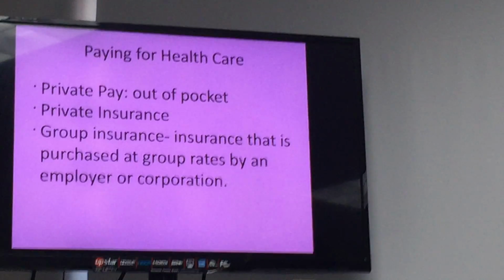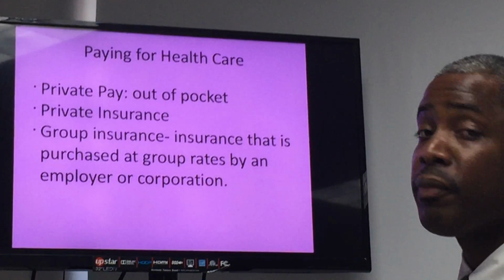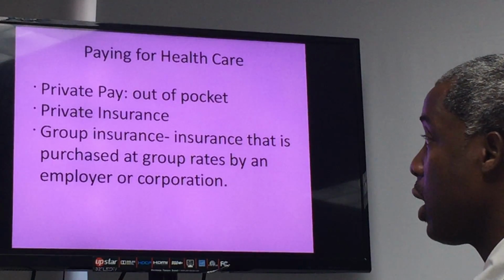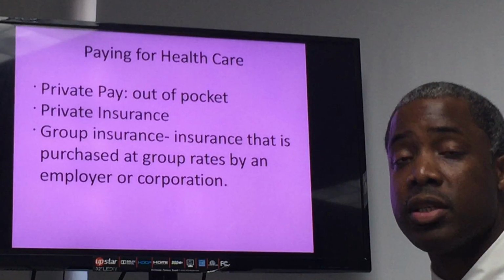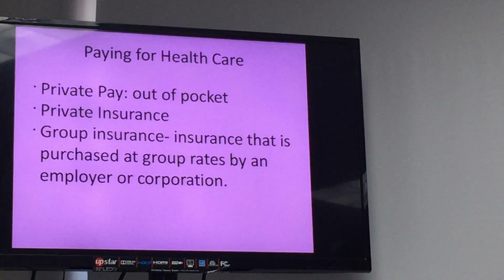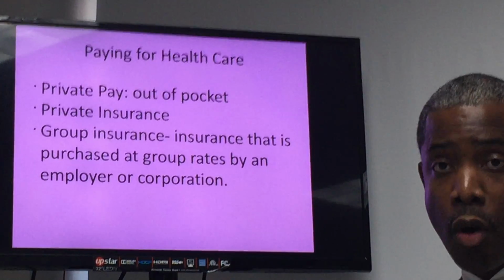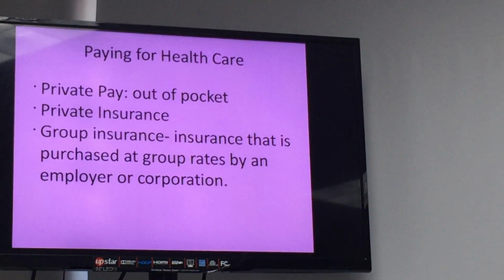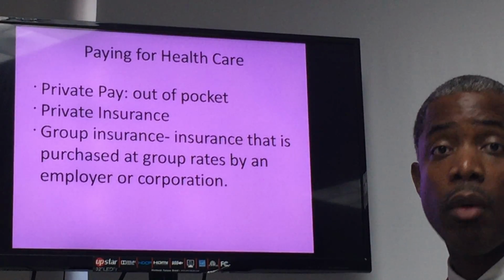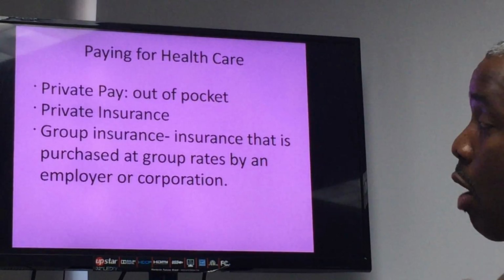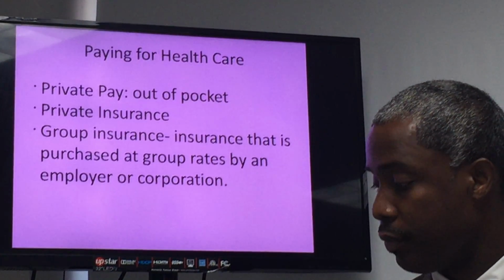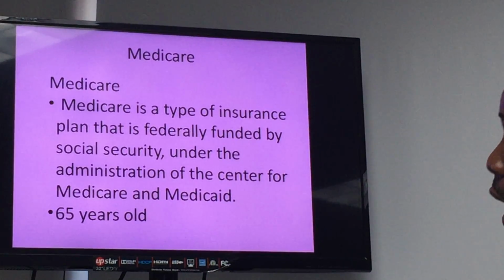Private insurance, go across the street to the insurance company and buy an insurance policy. There's group policy. This is insurance that is purchased at a group rate by your employer or corporation. So basically when you get hired, they say, we've got health insurance. The health insurance you get from work is group insurance.